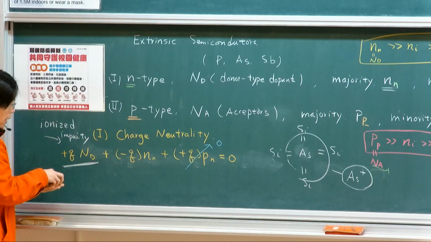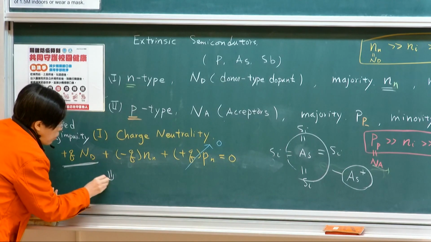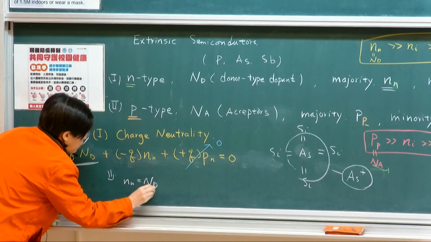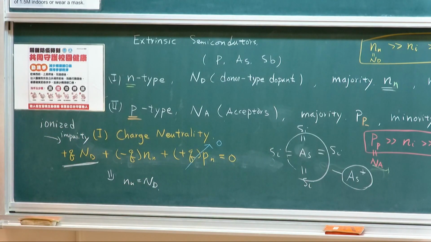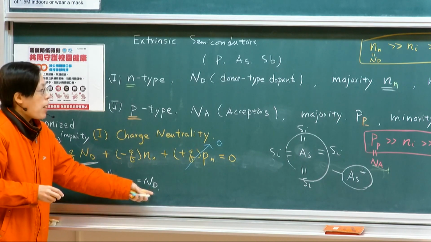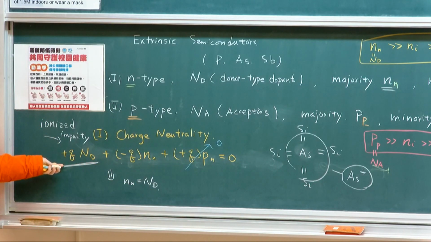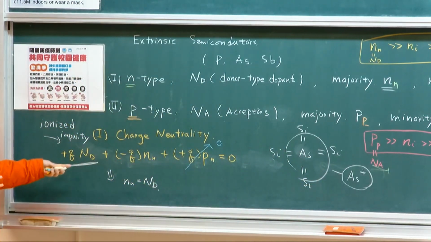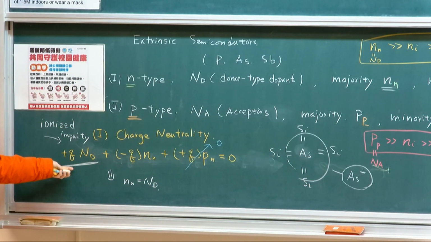Therefore, what you get is Nn equals Nd. That's how we conclude our majority carrier is dominated by the amount of ionized impurity, which is 1 by 1. One donor, and the electrons mainly come from these donors.